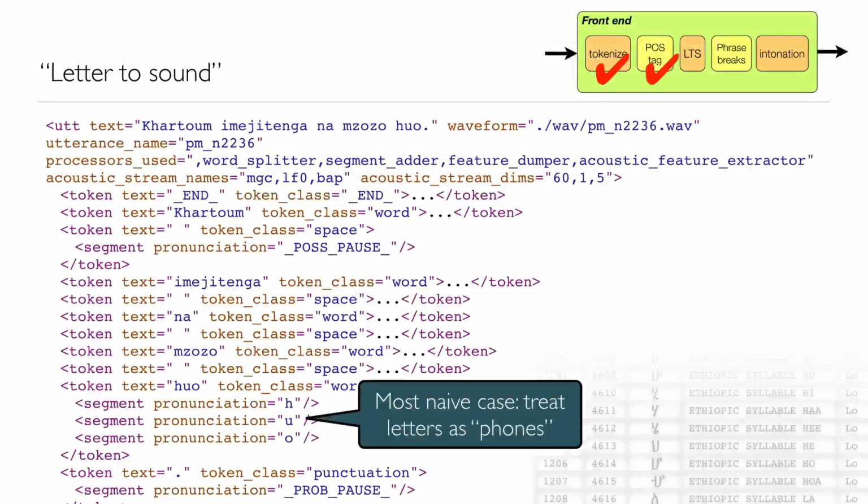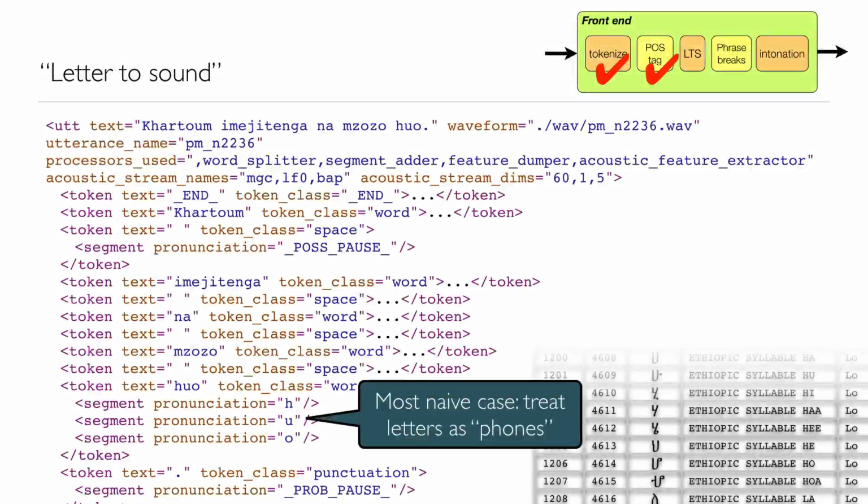You can see here an example where, as segment labels, as stand-ins for pronunciations, we're just using the letters from this word. Again, I've put a snippet from a Unicode character table there, just as an indication of tricks we could use to make this naive approach a little less naive with very little effort.